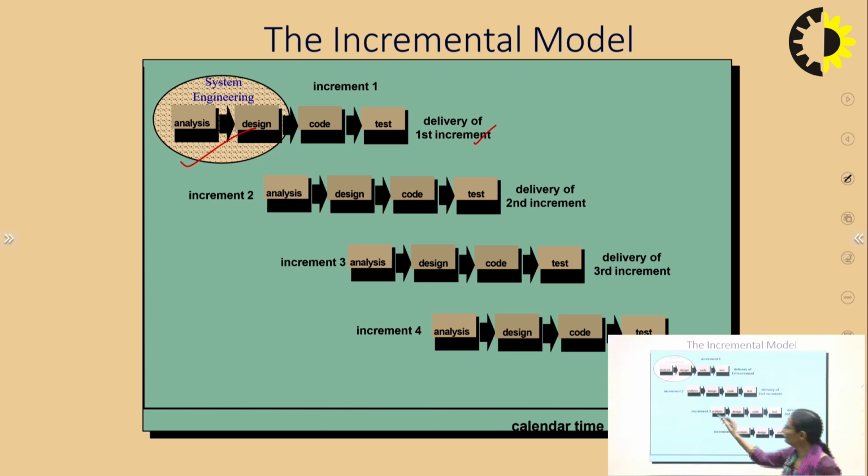Here again I will repeat the process, but here this is quite a refined part, in that we consider what other things can be done, and then coding, testing, delivery of this product and so on. So here we have increment 3, increment 4 and so on. Delivery of the fourth increment may be considered as the final delivery of the project.